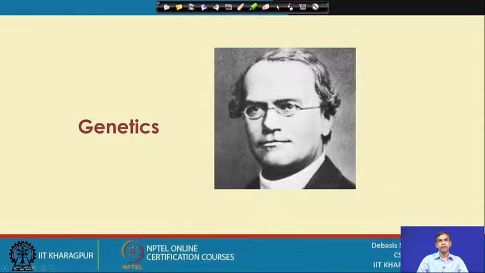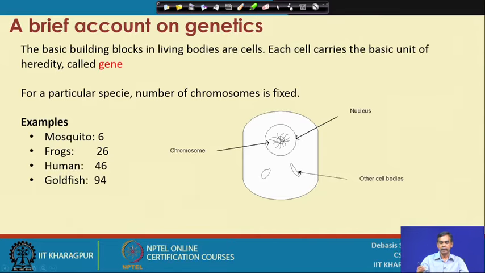Now, as I told you, Gregor Johann Mendel is the forefather of the concept of genetics, and genetics is a well-known thing. Genetics comes from the concept called gene, and the gene is basically a fundamental thing in our life. Our body consists of a large number of living cells, and each cell consists of one essential part called the chromosome.